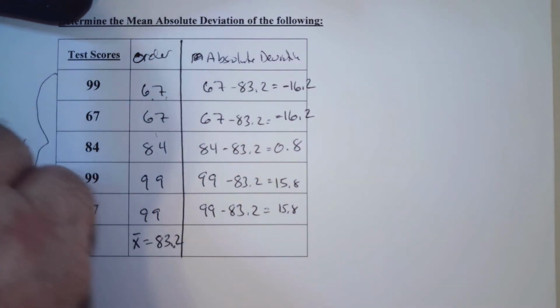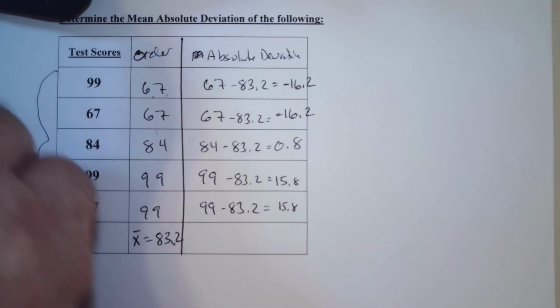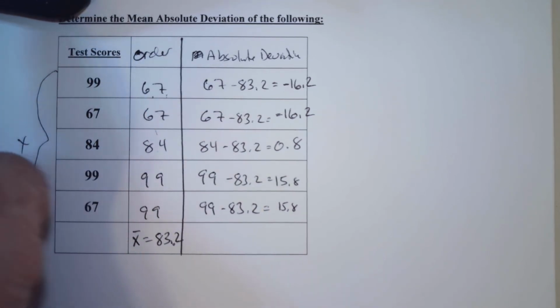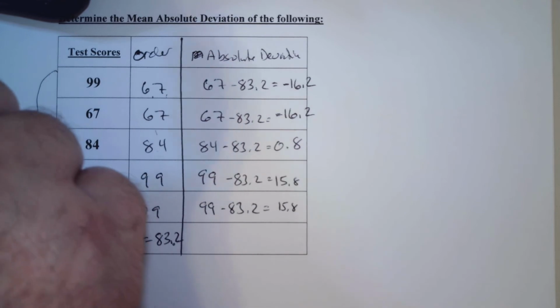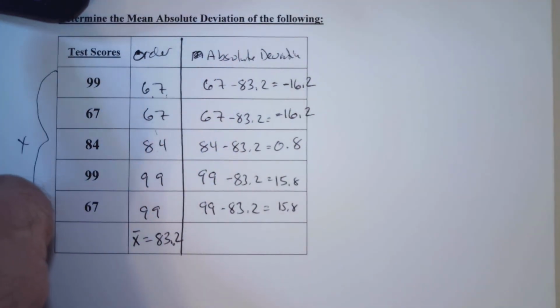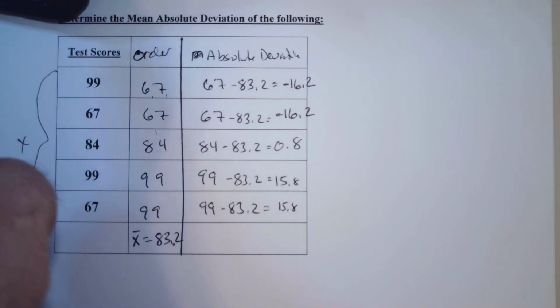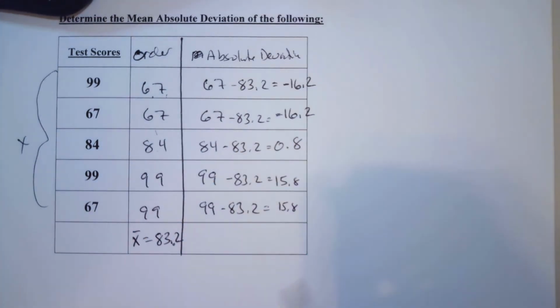Okay, if we take all those numbers now and add them together, what's going to happen? If we add these now, it's going to give us 0.